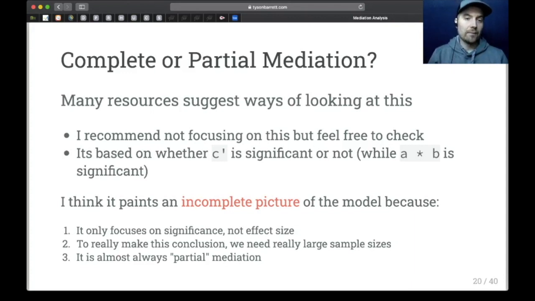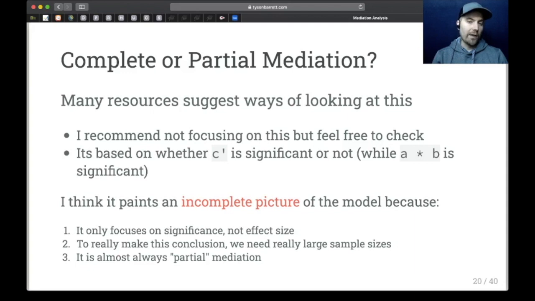Notably, many resources suggest ways of looking at this where you should just say, is it complete or partial mediation? This is just an estimate looking at, is the direct effect significant or not? I don't recommend focusing on this, but you can always check.